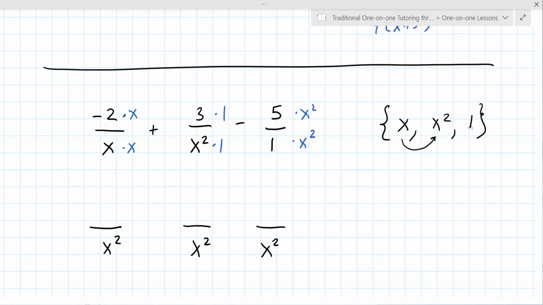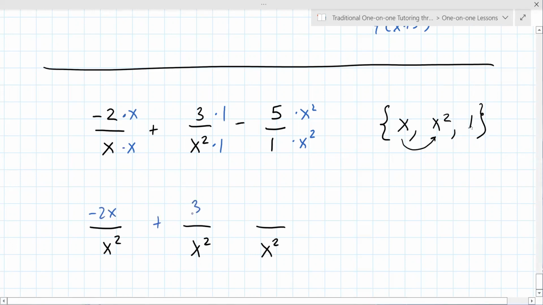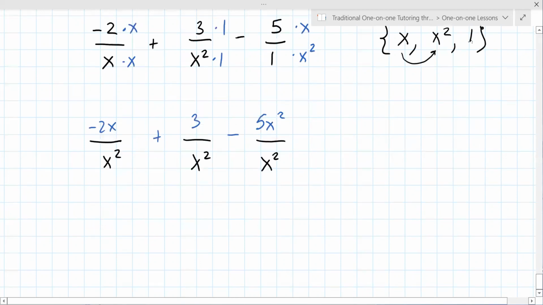So it would be -2x, 3, and 5x squared. What about this right here? Oh, minus 5x squared. Yeah. Good. So if you were to write this out, you could write it as minus 5x squared minus 2x plus 3 all over x squared.